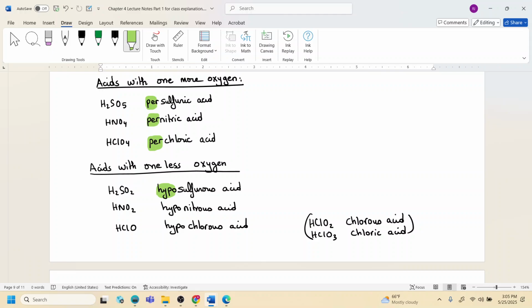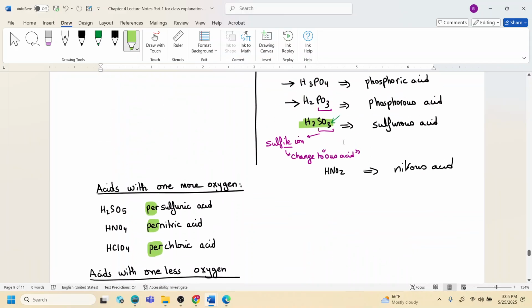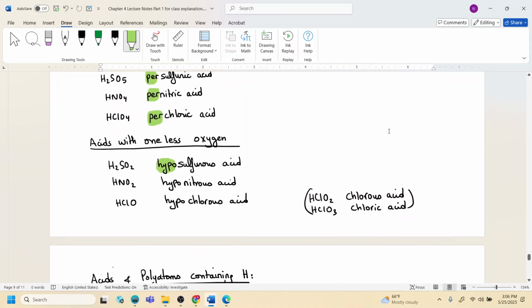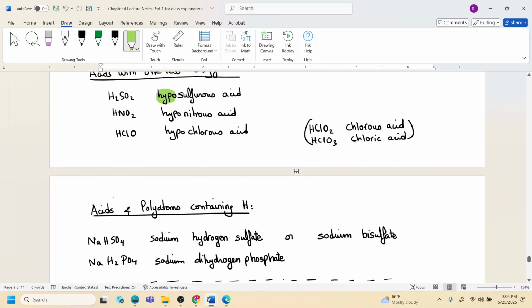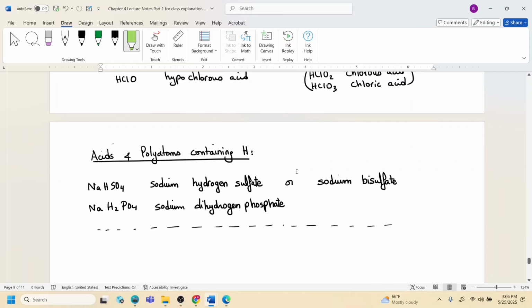So per means more oxygens. Hypo means less oxygens. And then, of course, the ending is going to be ous acid. So it's going to follow this guy over here. So it's going to be hyposulfurous acid, hyponitrous acid, hypochlorous acid in there. So all of those are considered to be acids.